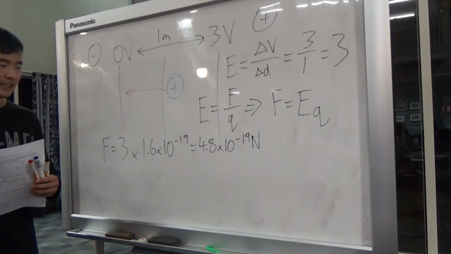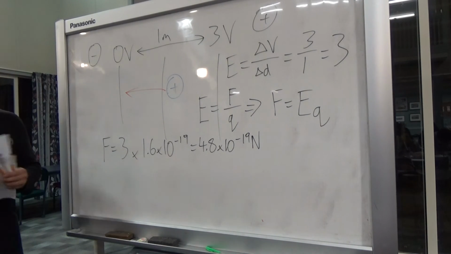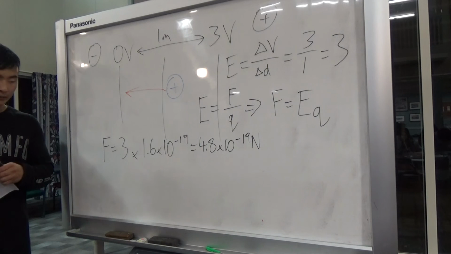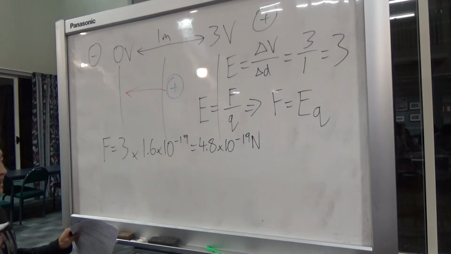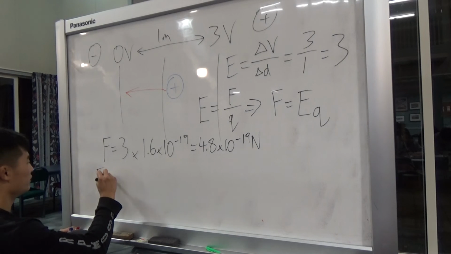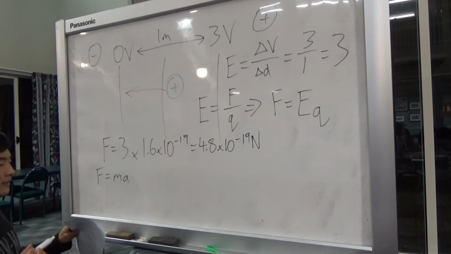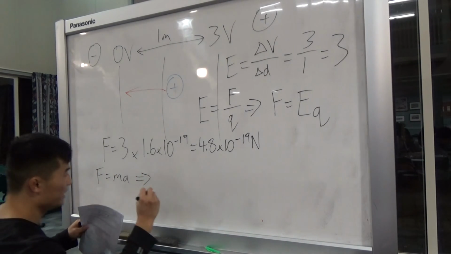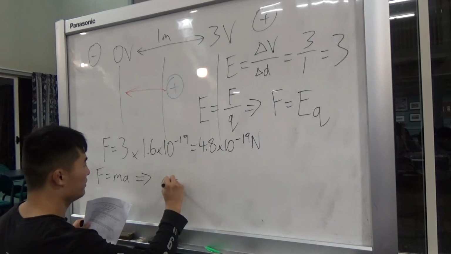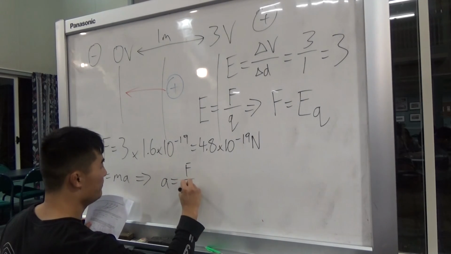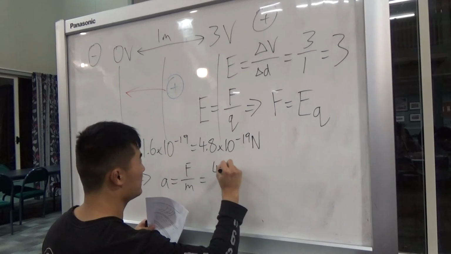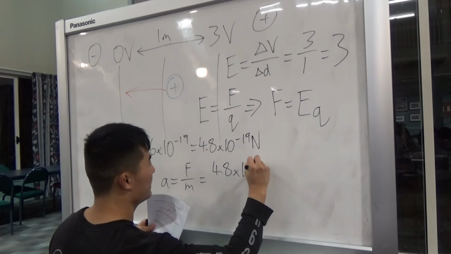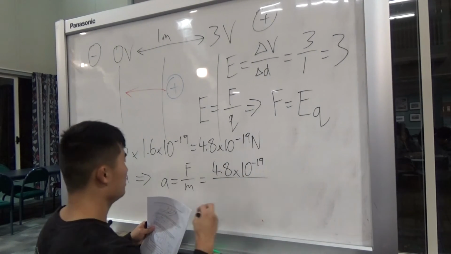So it's going to be option E, but if we want to be completely accurate and make sure that we've got the right answer, we can then find out the acceleration. So force is equal to mass times acceleration. We can rearrange for acceleration. So a is equal to F over m. The force is 4.8 times 10 to the negative 19 over the mass.